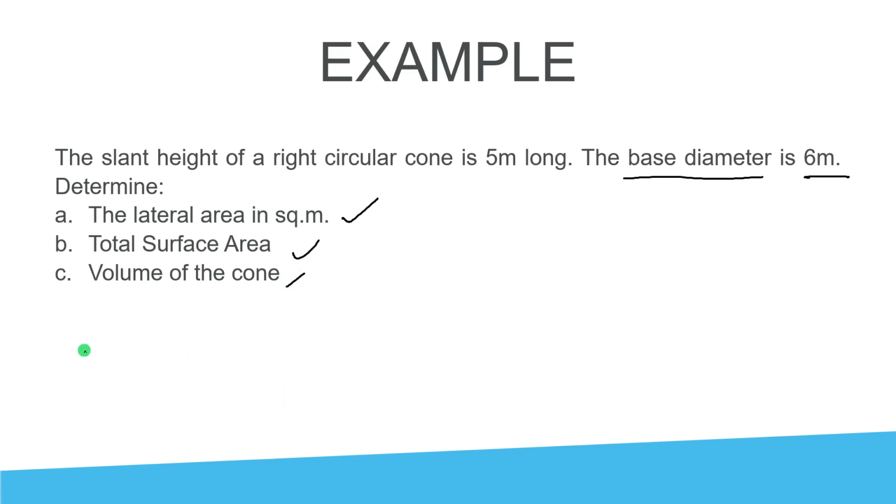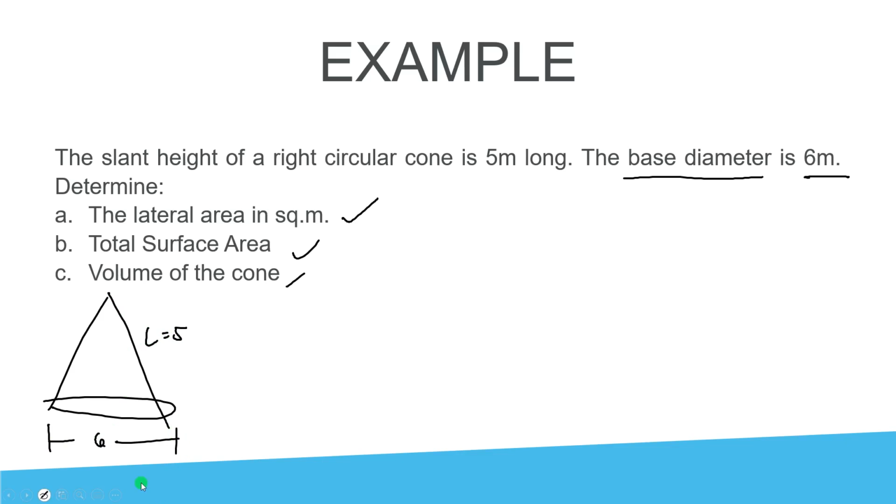Okay, so if this is your cone here, we have slant height L equals 5, and we have diameter as 6. For the lateral area, we can simply apply pi r L. So what is r?